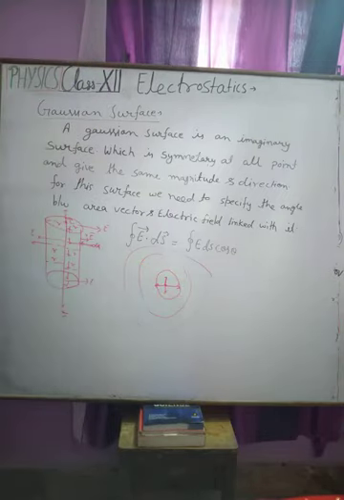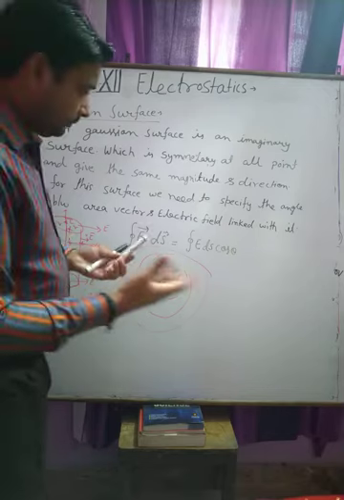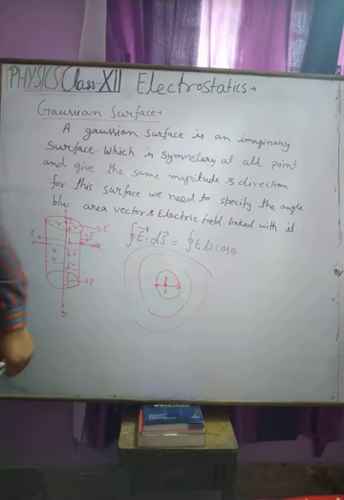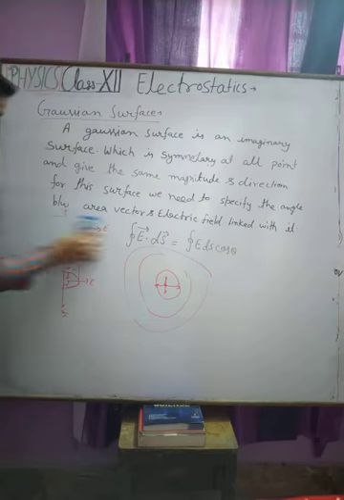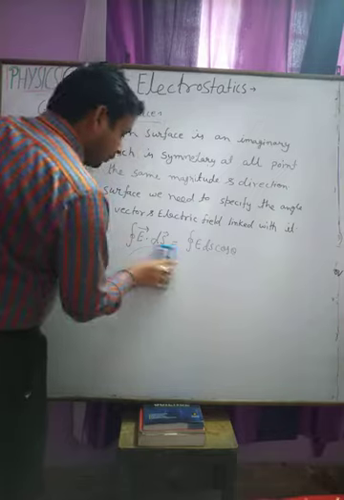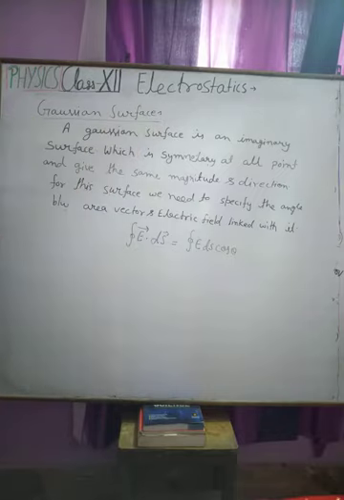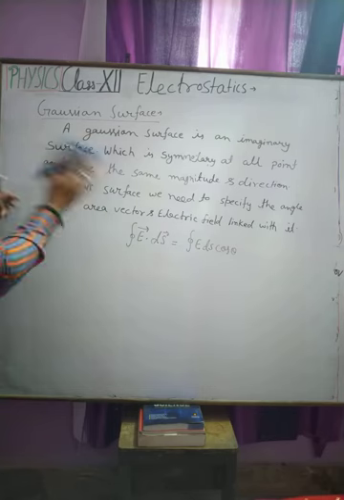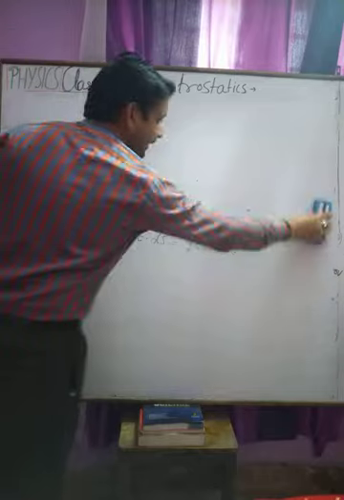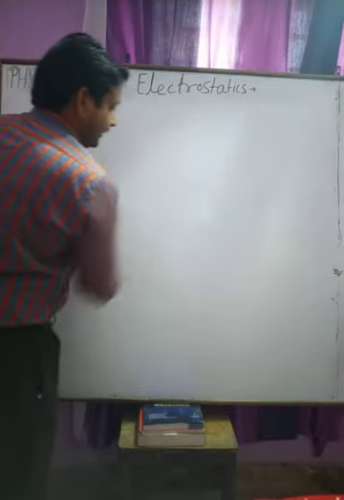Okay, next we can also assume other kind of surfaces about this. Now we are going to prove the Gauss theorem. Okay, first we learn about the application of step to apply the Gauss theorem.